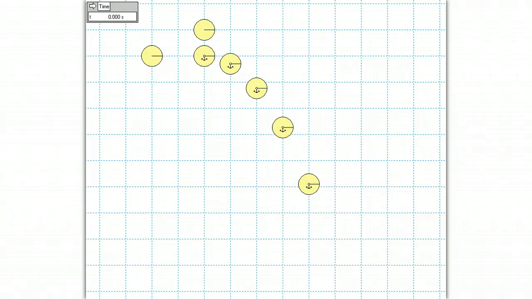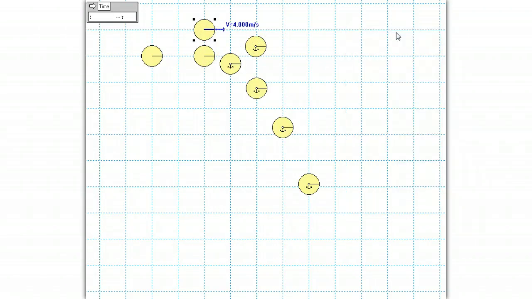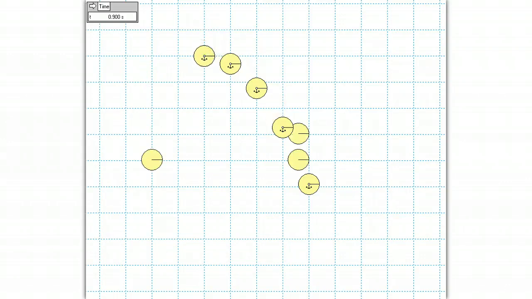I'm not sure why I'm getting that error. 4 meters per second. There we go. And you can see that horizontally they are matching each other step for step.